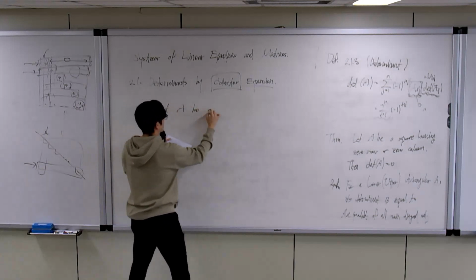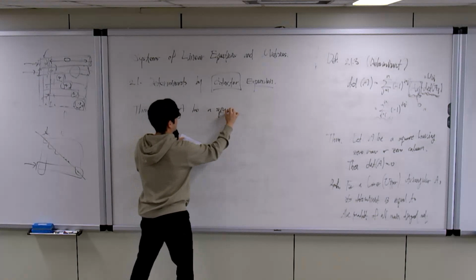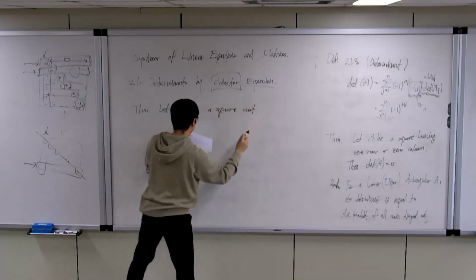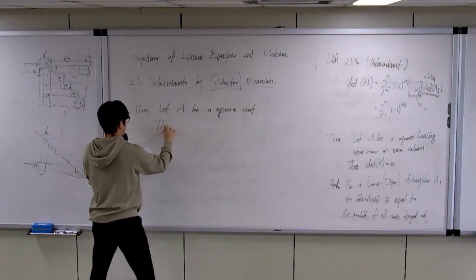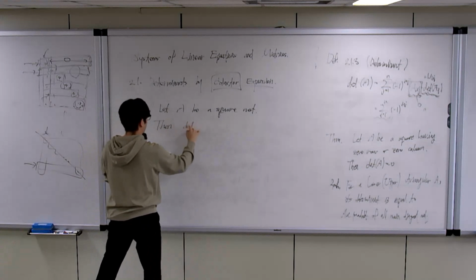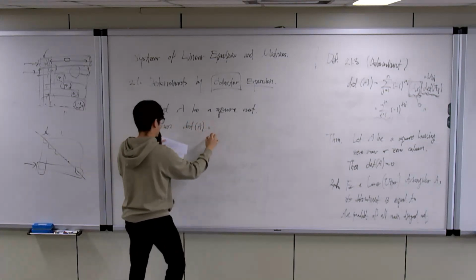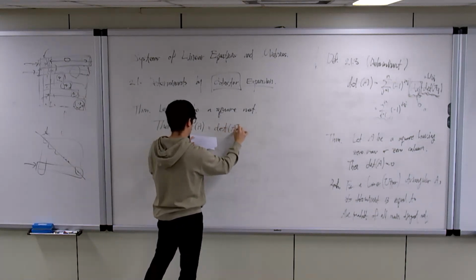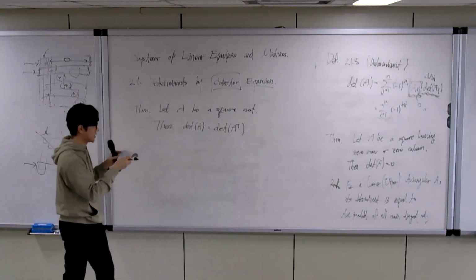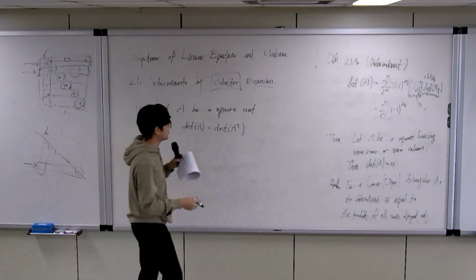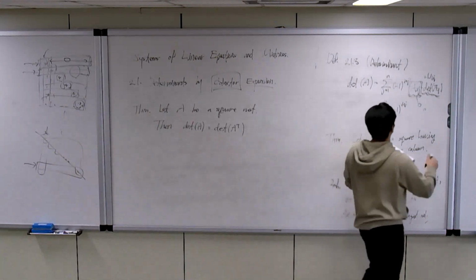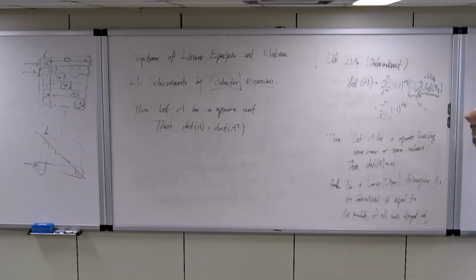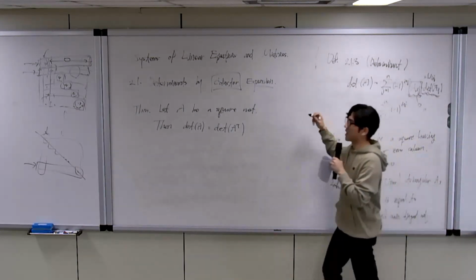Let A be a square matrix. That means the determinant of A is equal to the determinant of A transpose, and its proof is also simple because we didn't depend on the choice of row and column.